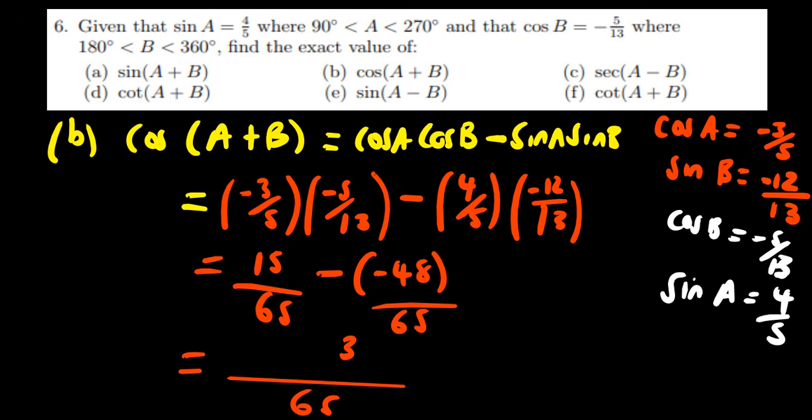Then 1 plus 4 plus 1, that is 6. So 63 is going to be our final answer, 63 over 65. And that's what we're going to do for the other ones. Okay, let's go to the next question.